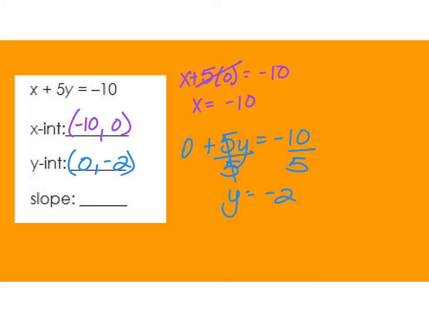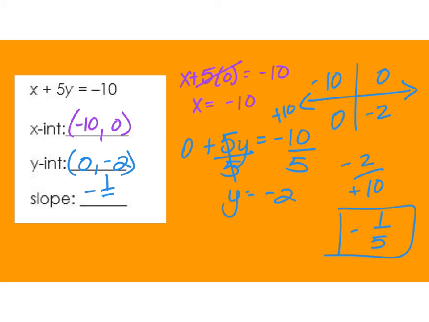How many of you got 0, -2? Nice. All right, last but not least, our slope. I'm just going to use a little table here, our 2 points. So this would be -2 over a +10. When I simplify, I end up with -1/5. So there would be our slope, -1/5. Yeah, we're good?